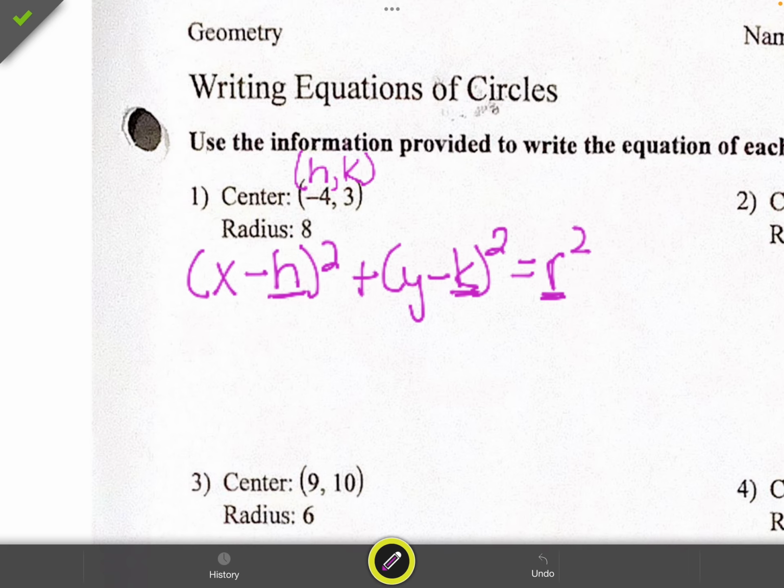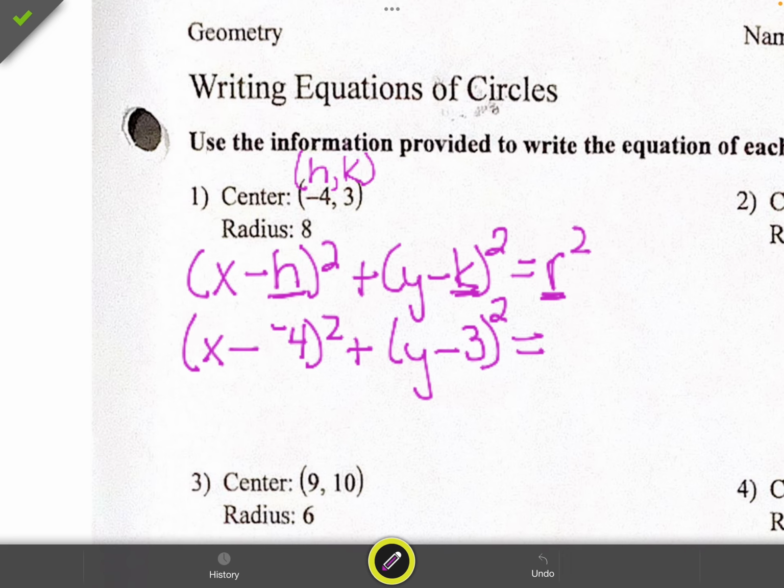if we need to. So I'm going to say x minus, what's my h? My h is -4, so I just write it as is, plus y minus, what's my k? My k is 3, don't forget your squared, equals r squared, what's my radius? 8 squared.